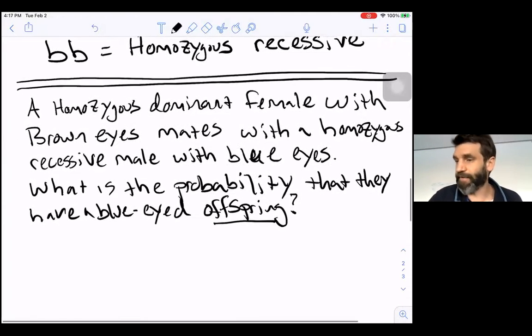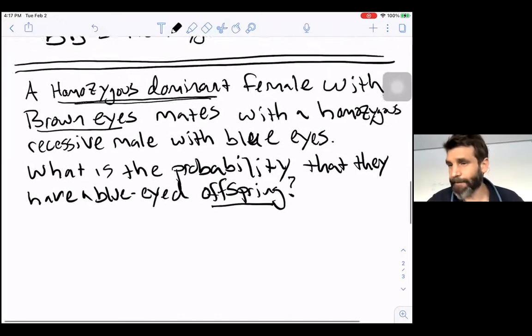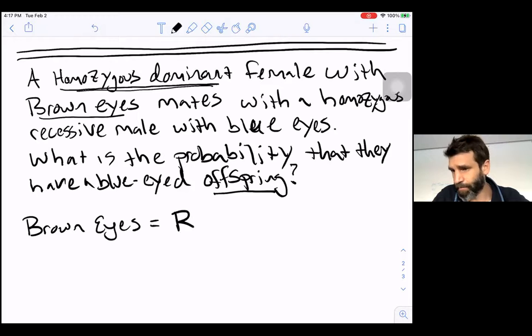So we know a lot of information here. It told us this first individual was homozygous dominant for brown eyes. So we know right away that brown eyes equals big B, it's dominant.